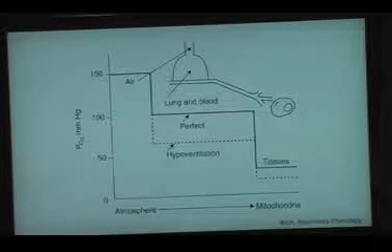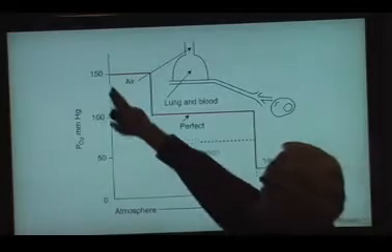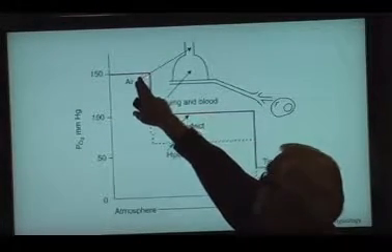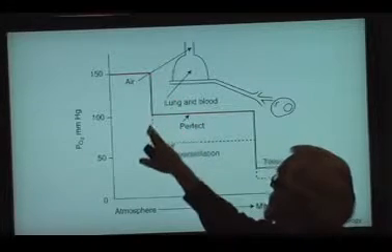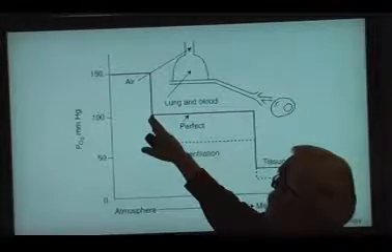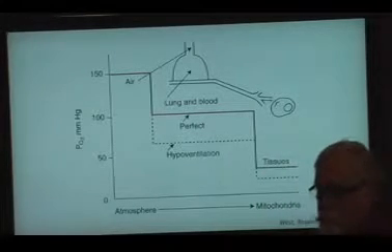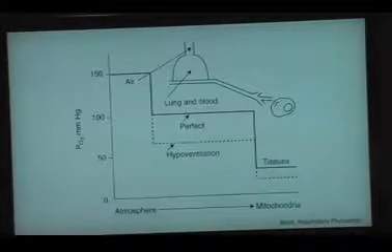So normally, the inspired PO2 at sea level, breathing room air, will be about 150. That will drop down to about 100 under normal conditions, just based upon the alveolar gas equation.